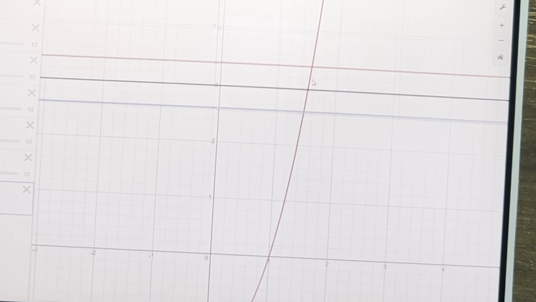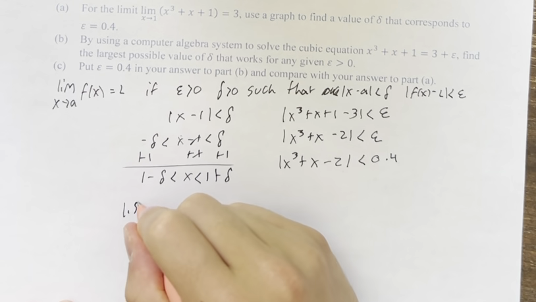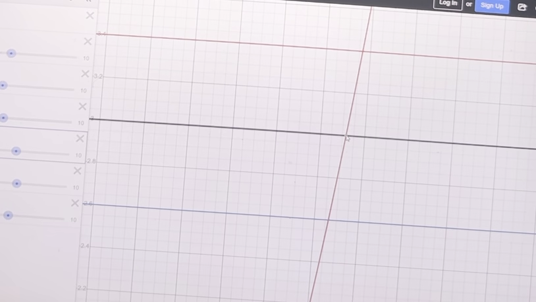And so if we zoom in here, we can see that this occurs at roughly 1.516. Okay, so 1.516, and our values here are 1.567 and 1.462.